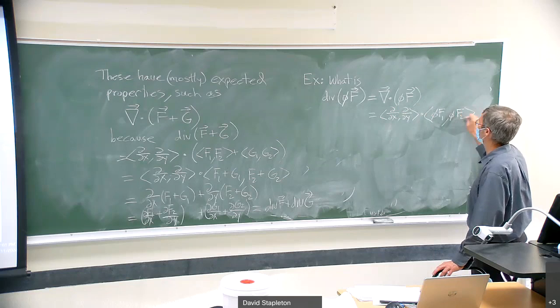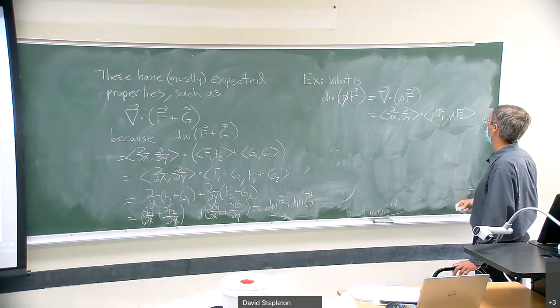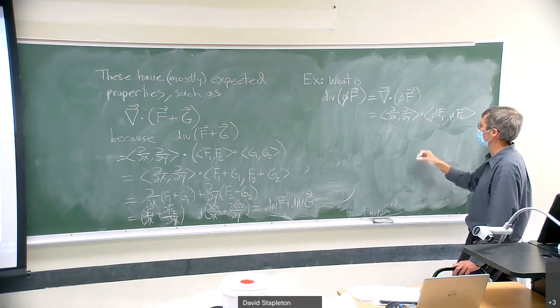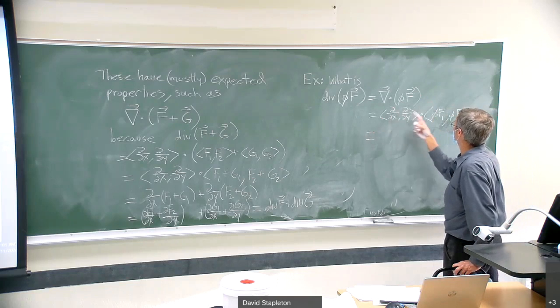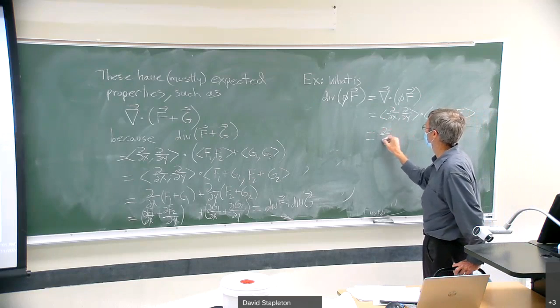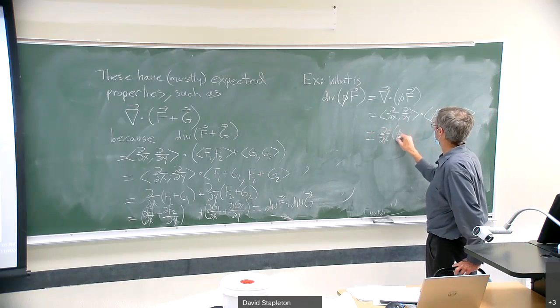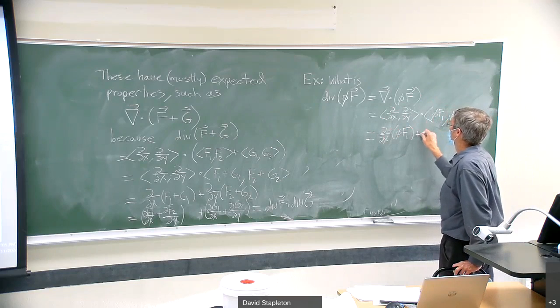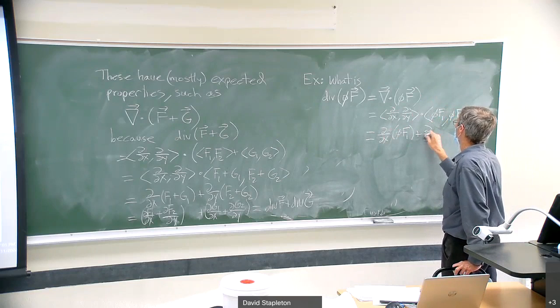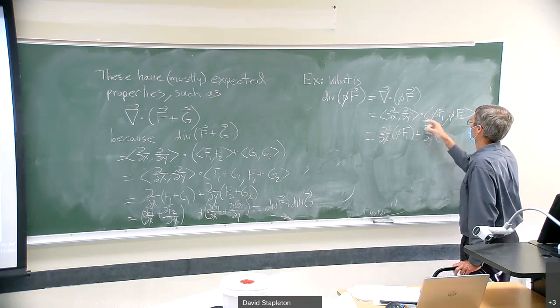The divergence means d dx of phi f1 plus d dy of phi f2, right?